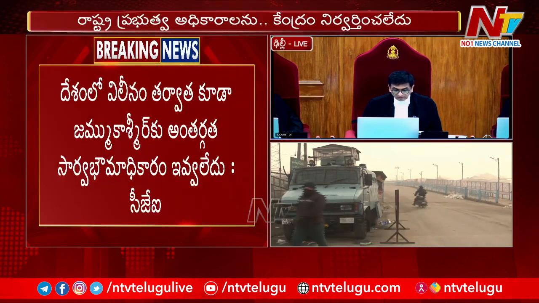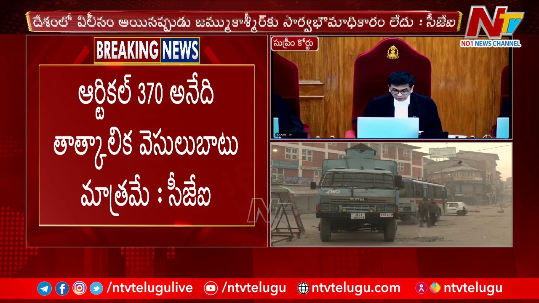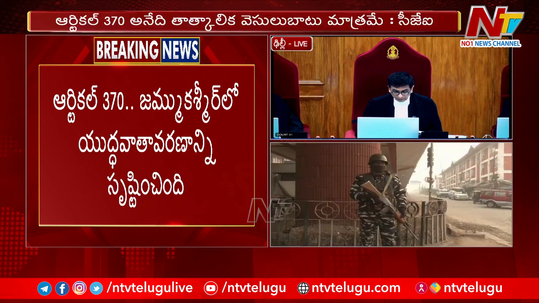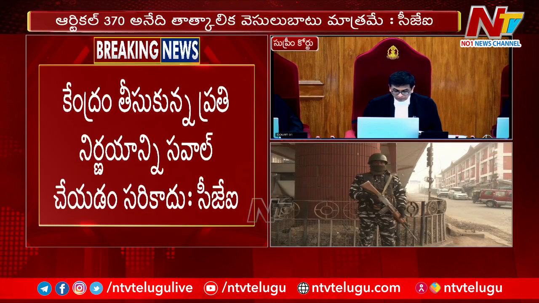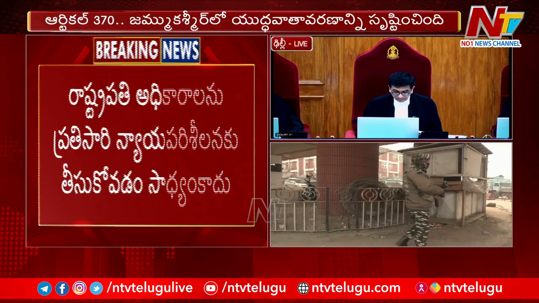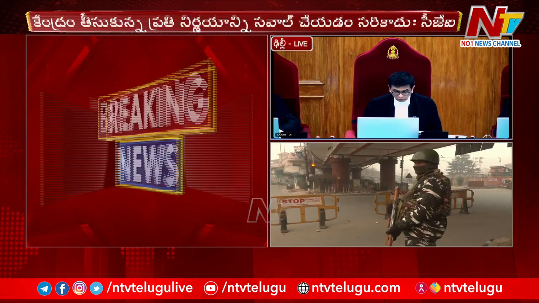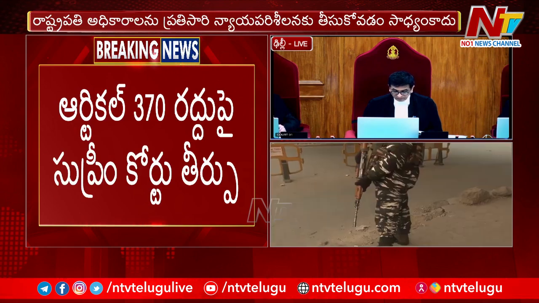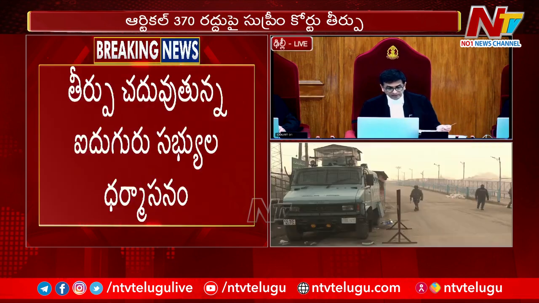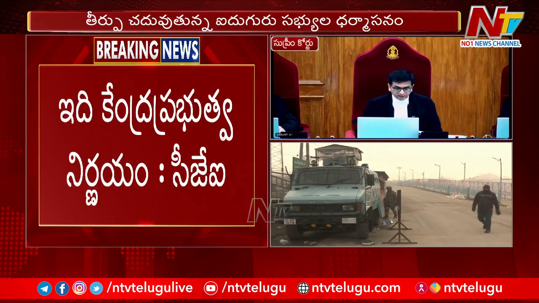We hold that the President seeking the concurrence of the Union government instead of the government of the state to issue CO 272 is not invalid because, first, the effect of applying all the provisions of the Constitution to the state of Jammu and Kashmir through the exercise of power under Article 370, Clause 1 is the same as an exercise of power under Article 370, Clause 3, notifying that Article 370 shall cease to exist. That is, all provisions of the Constitution of India will apply to the state of Jammu and Kashmir, except for the fact that the former can be reversed while the latter, namely under Clause 3, cannot.